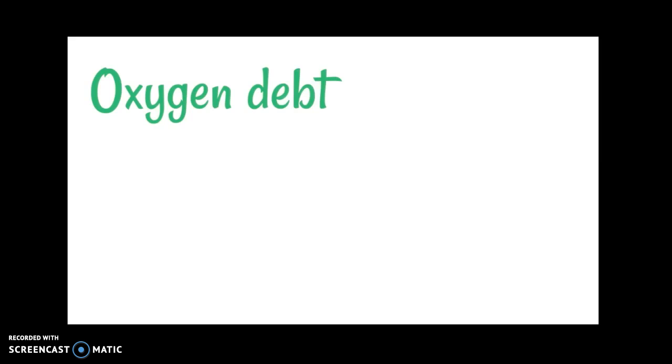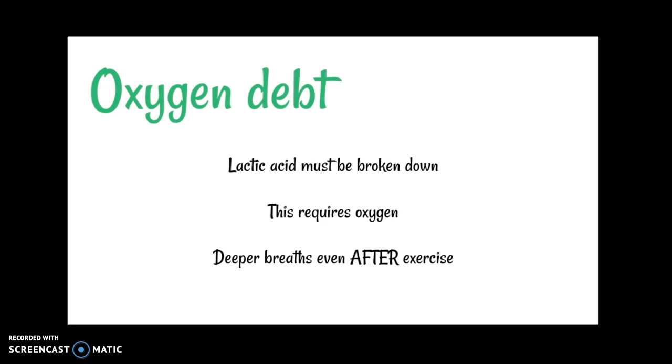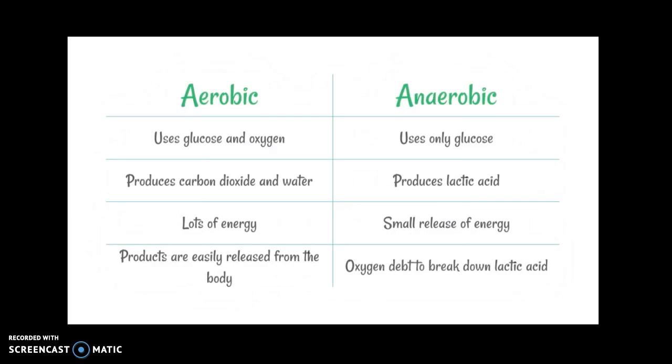One problem associated with anaerobic respiration is something called oxygen debt. The lactic acid that's being produced is toxic and it must be broken down. This breakdown of lactic acid requires oxygen. And so, after you've done some exercise, you're going to have to repay that oxygen by breathing more deeply. So, you'll take deeper breaths even after you've finished this exercise. Let's look at the two compared side by side.